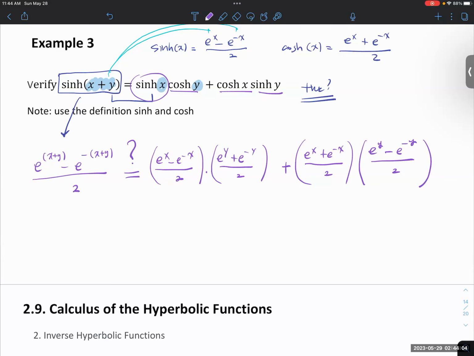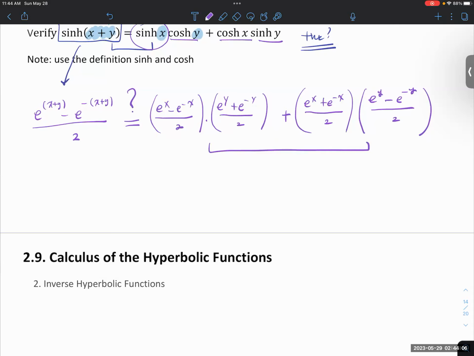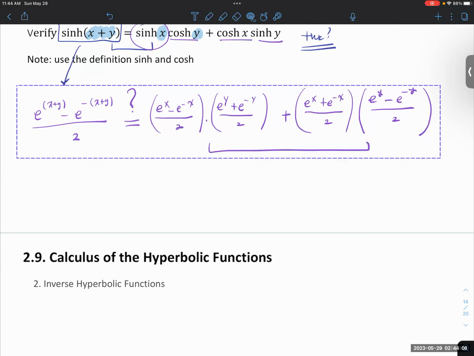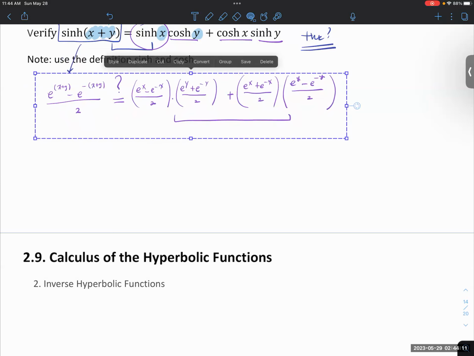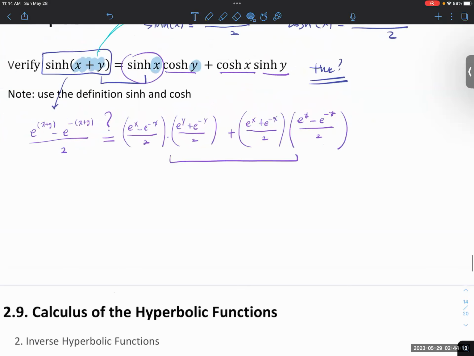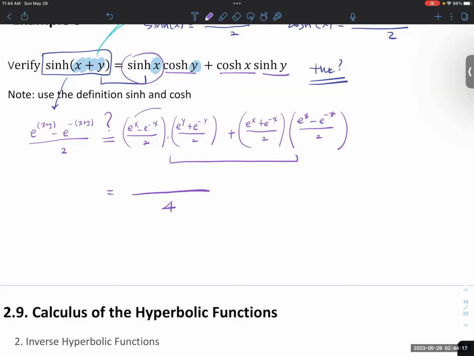right? So now I'm going to work on the right side. If the right side is equal to the left side, that's your verification. So we're going to do all the rainbow. So here 4. So you're going to do all the rainbow, e to the x, e to the y, plus e to the x, e to the negative y, minus e to the negative x, e to the y, minus e to the negative x, e to the negative y.